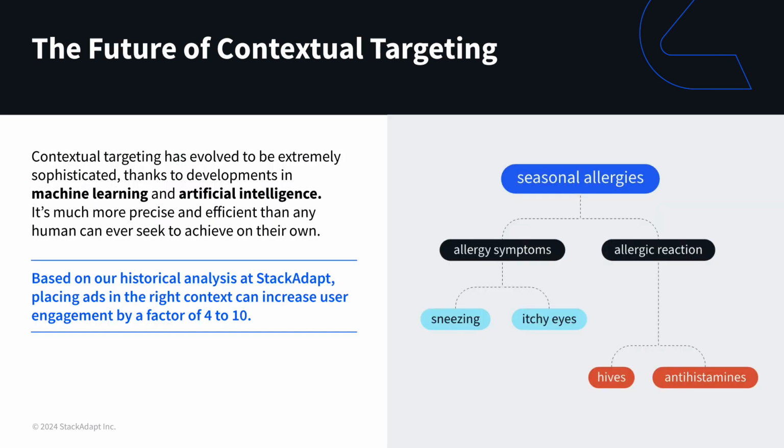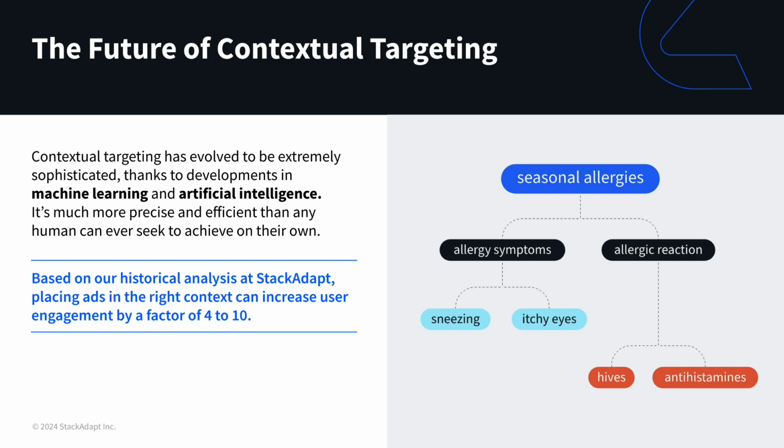The key difference between contextual and behavioral targeting is that behavioral targeting leverages actions that happened in the past, while contextual is targeting users that are engaging with relevant content right now. And based on our historical analysis at StackAdapt, placing the ad in the right context can increase efficiency and engagement by a factor of 4 to 10.